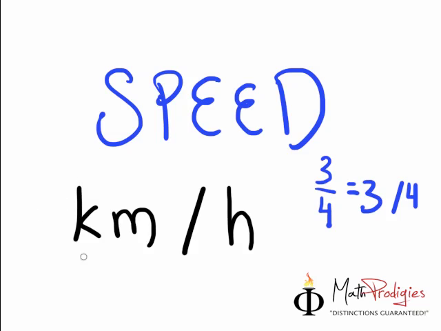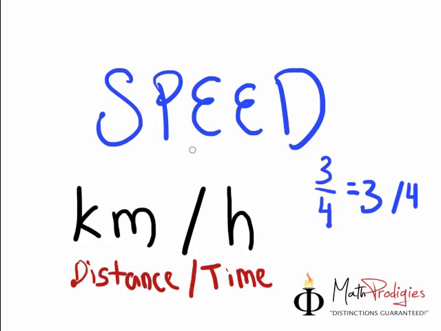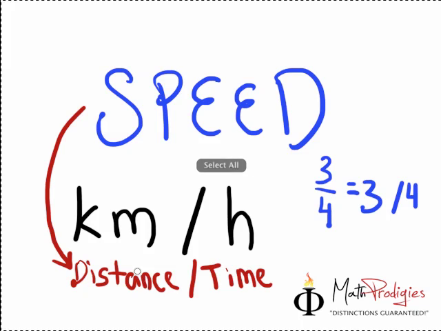It's kilometer, also known as distance, divided by, because it says slash here, hour, which is time. So the formula for speed is actually equal to distance divided by time. Very, very simple, right? It's actually in your face, the formula. So if you forget, just remember kilometers per hour, and then you remember it's actually distance divided by time.